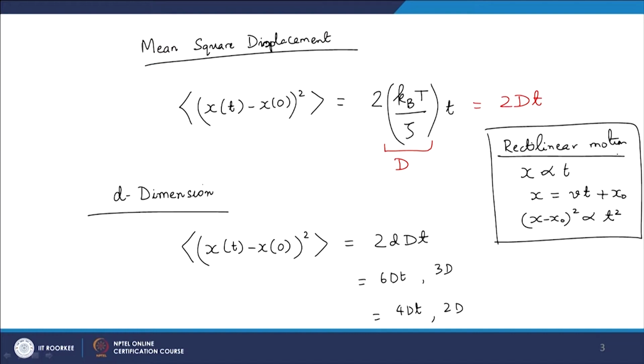In the case of a diffusive motion, where motion is because of the collisions we get from surrounding molecules, the mean square displacement goes like t, that is basically the square root of the result that we had for the case of rectilinear motion.